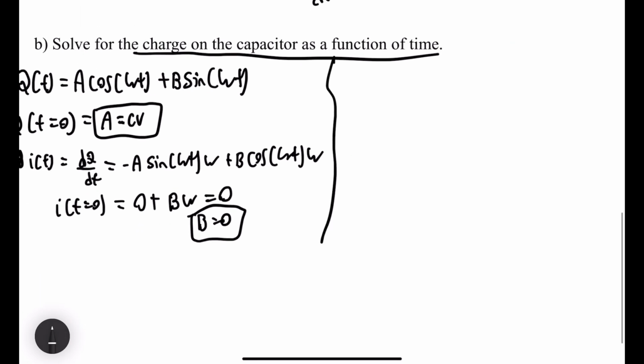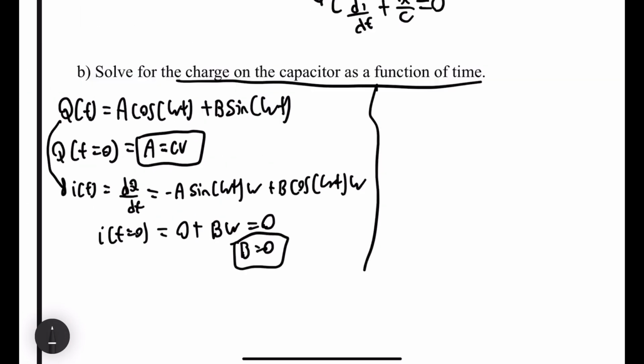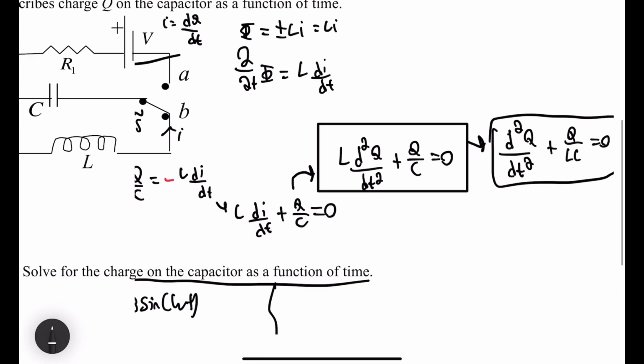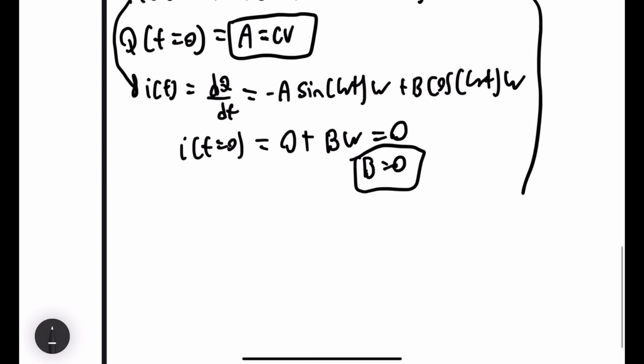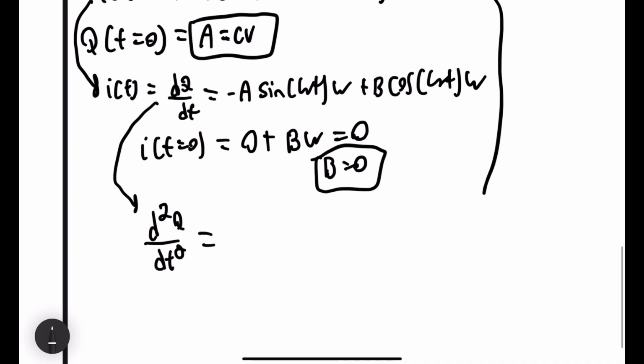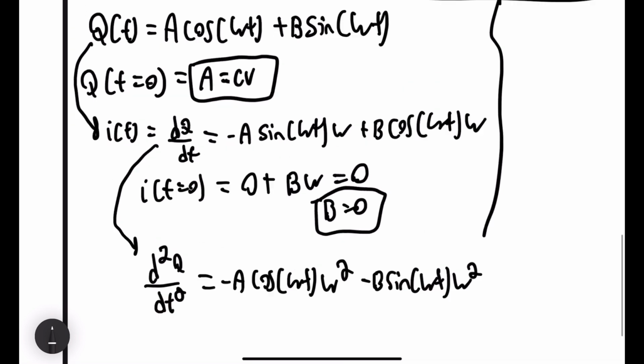Now the last thing we need to do is plug everything back into our original equation, but we have the second derivative. So I need to take the derivative one more time. Derivative of sine is cosine, but I still have a negative, so negative a cosine omega t, and chain rule omega squared. Derivative of cosine is negative sine, so minus b sine omega t, and then chain rule, which is omega squared again.